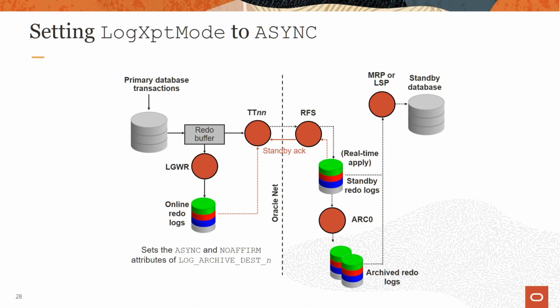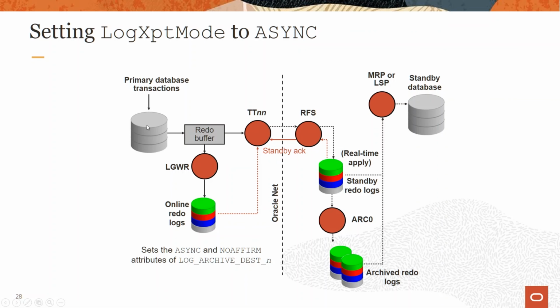If your redo shipping is asynchronous, then the TTNM asynchronous background process transports redo to the RFS process in the standby database asynchronously. So log writer writes redo for committed transactions in the primary database on every commit, every 3 seconds, whenever the log buffer is 1/3 full, and every checkpoint, and so on.